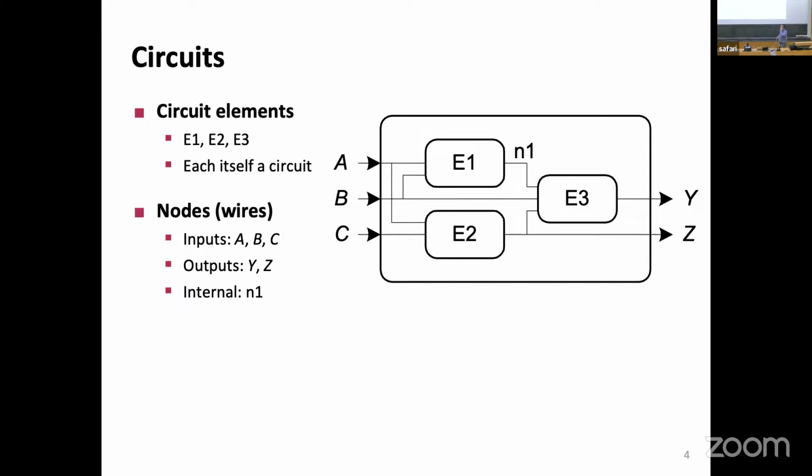So this is what we were covering in the first lecture. We say that this big circuit has elements, in this case, element 1, 2, and 3, that also have their own inputs and outputs, and they are composed and put together in some way.